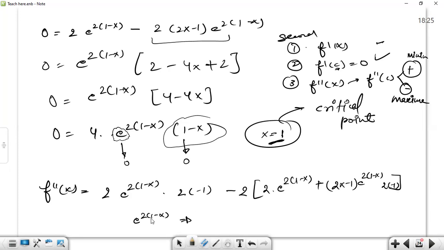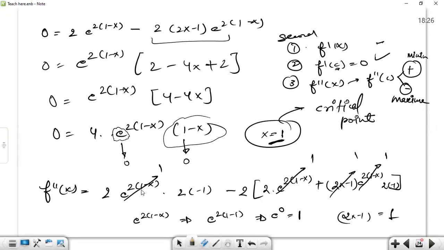Putting x equals 1, e raised to the power 2 into 1 minus 1 makes it e raised to the power 0, which is 1. So all of these become 1. We can also see 2x minus 1 here, which would simply be 1. This is also 1.